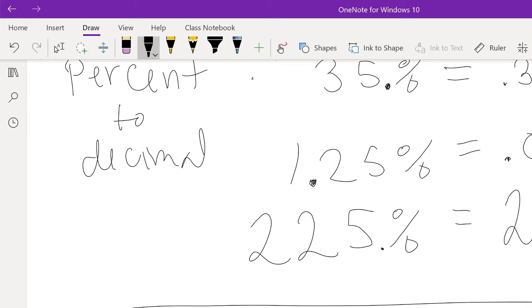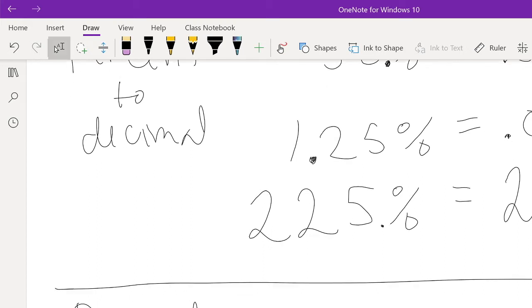In this case, let's say I start off with this decimal, 0.48, and I would like to go to a percent. We are essentially performing the reverse operation. If you think of percent to decimal, we move the place value 2 places to the left, but now we're going in the other direction, from decimal to percent.